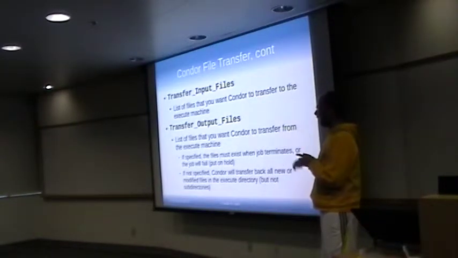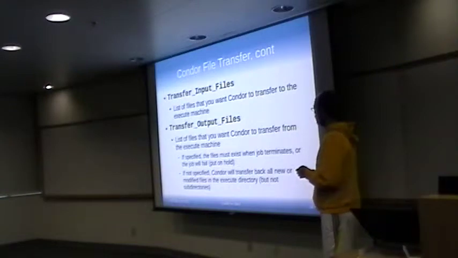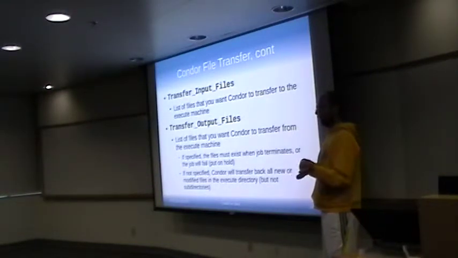If you don't specify transfer_output_files, but you still ask for file transfer, it will transfer anything that was left in the directory the job started in. Good or bad, everything will be brought back. So usually it's better to let Condor bring back everything you need. This way the job always succeeds.